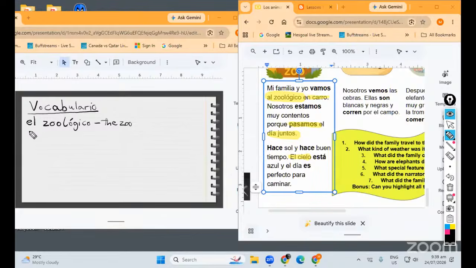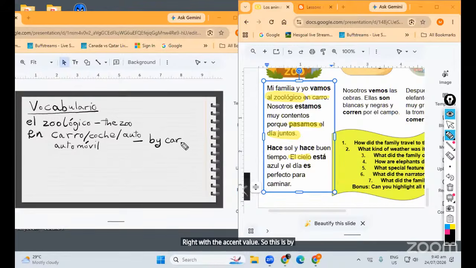By car is in carro, and then some people said coche, and then some people said auto, and then there's also automobile. Right, with the accent on the O. So this is by car, right?